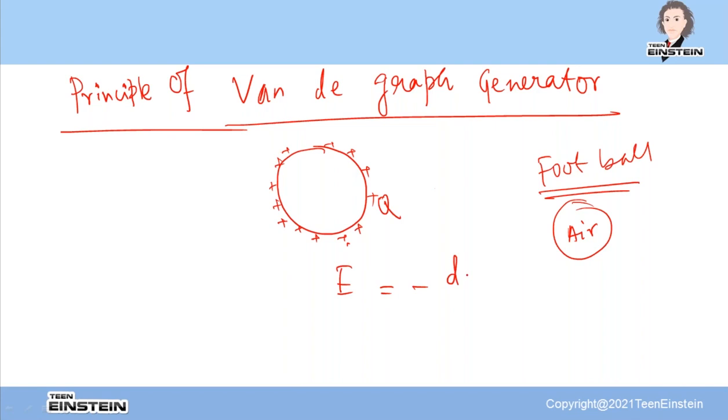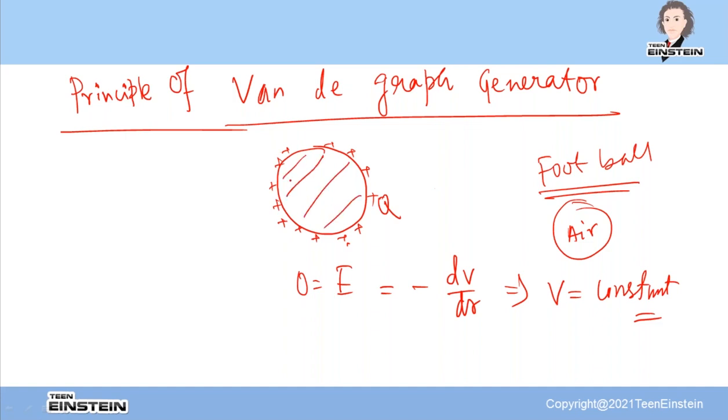That means at any point you choose inside, the potential will be the same, and this region will act as an equipotential surface.